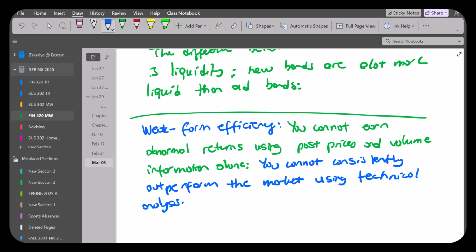Because I'm using only past price information, nothing else. I don't know anything about the market profitability of these firms. I don't know anything about risk measurements. Nothing. All I know is what was their market value relative to the large stocks. That's it. Based on that alone, over the last 100 years, small caps outperformed the large caps by about 6%.